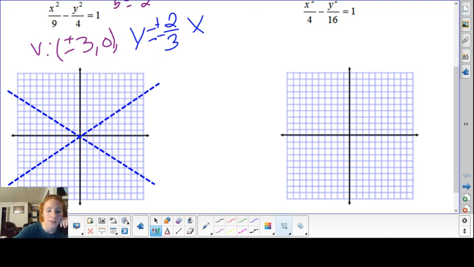So we're going to go ahead and create our hyperbolas now. We know we're on the x, so I'm going to put a dot at 3, 0, a dot at negative 3, 0. And we're going to draw our curve part because it can't go past those lines.